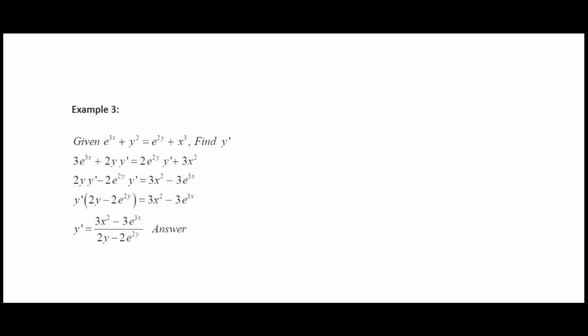Keep in mind, if you worked it by bringing the y prime to the right, this answer would be 3e to the 3x minus 3x squared over 2e to the 2y minus 2y. Now, what's the thing in this one that makes it different? This one involves the chain rule. The previous one required the product rule.